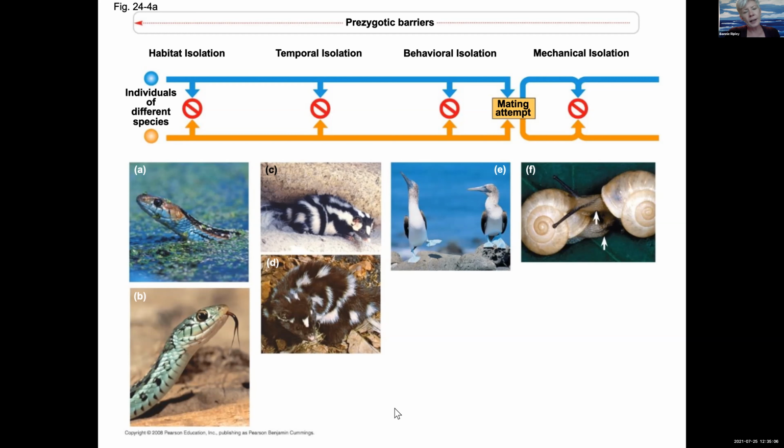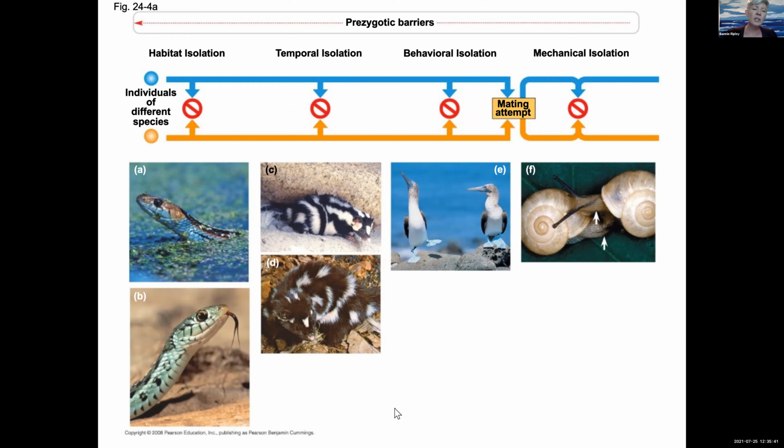The post-zygotic barriers are really the negative consequences or the bad things that happen as a result of the sperm and egg from two different species fusing. So things like those hybrids have lower survival. That's an example of a post-zygotic species isolating mechanism. It's thinking about it a little differently. There's sort of things trying to prevent and then the consequences if it does happen.